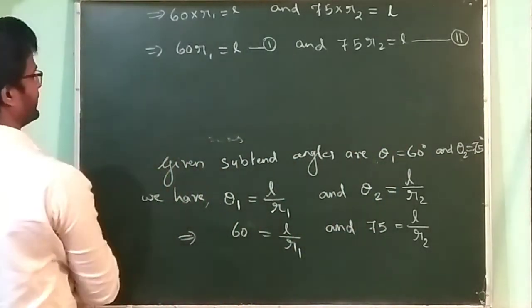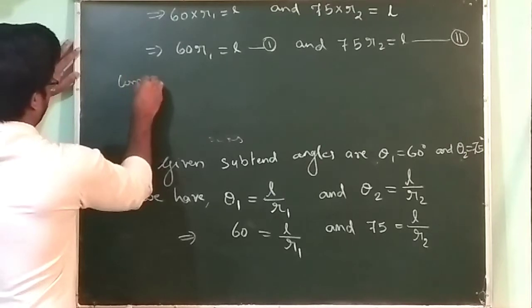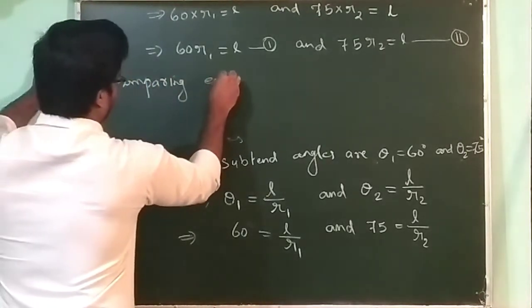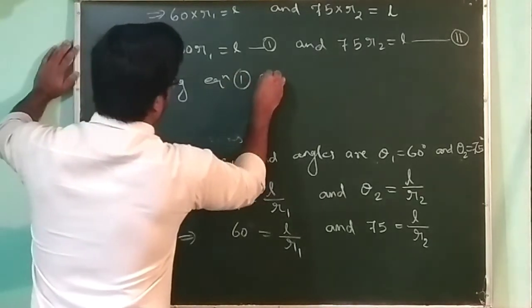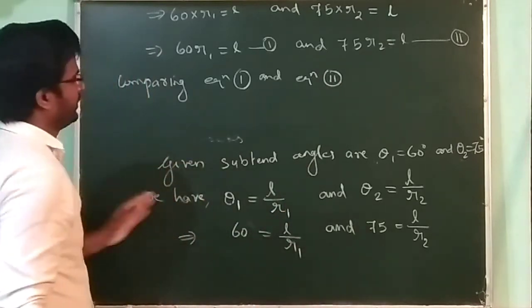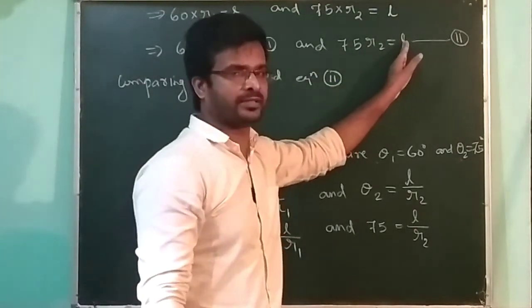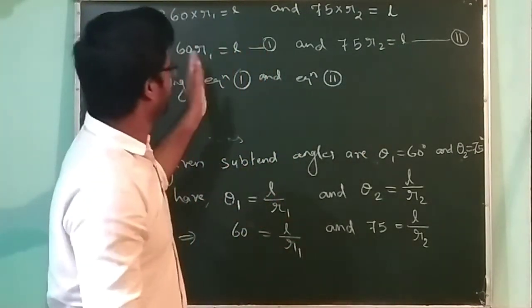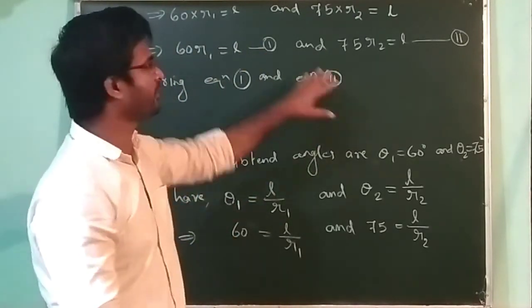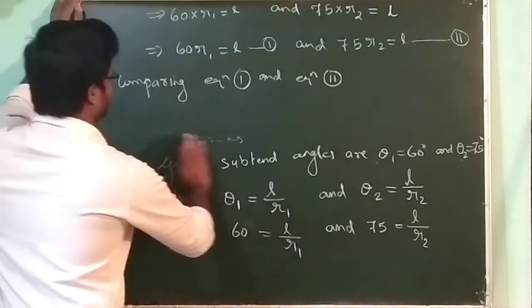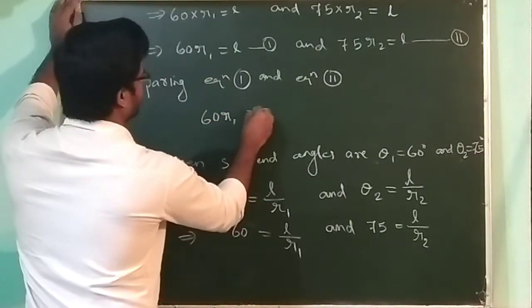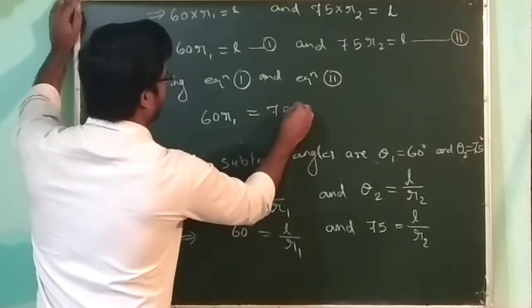Now we got two equations. You can compare them. Comparing equation number 1 and equation number 2: on the right side L, here also right side L, isn't it? That means in both equations the right sides are equal, so the left sides are also equal. 60 R1 equal to 75 R2.